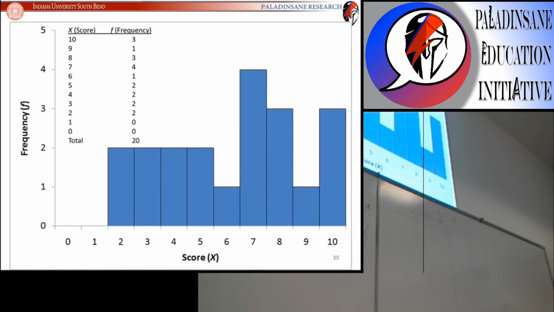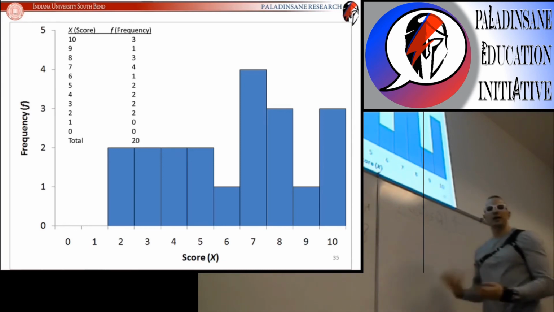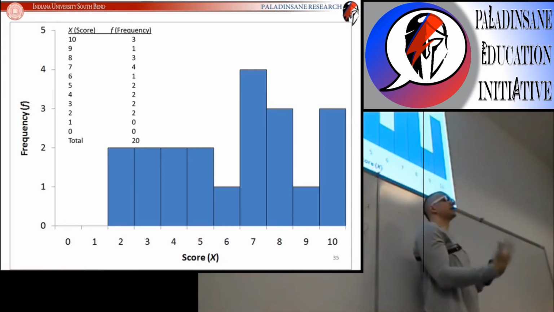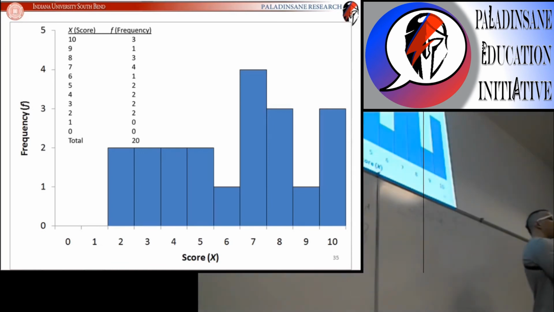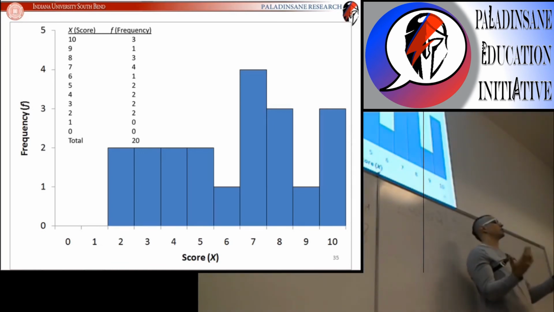But in this case, once again, in graphical form here, you can see that the height of each bar indicates the frequencies that these scores occurred at. And something like this can give you a very quick look at the data to figure out how your scores, for example, are distributed.